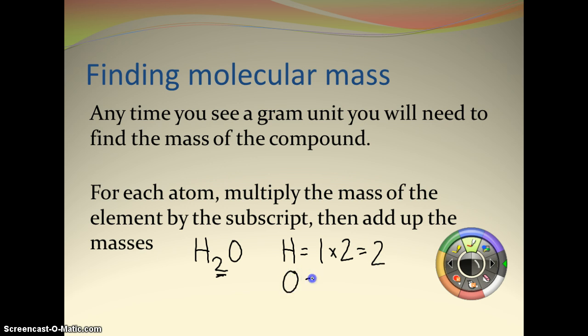And oxygen weighs 16, and we only have 1 of them, 1 oxygen, so that is 16. 16 plus 2 is 18. So that is our molecular mass for water. So you are going to need to use your periodic table for these to find your masses of each atom.